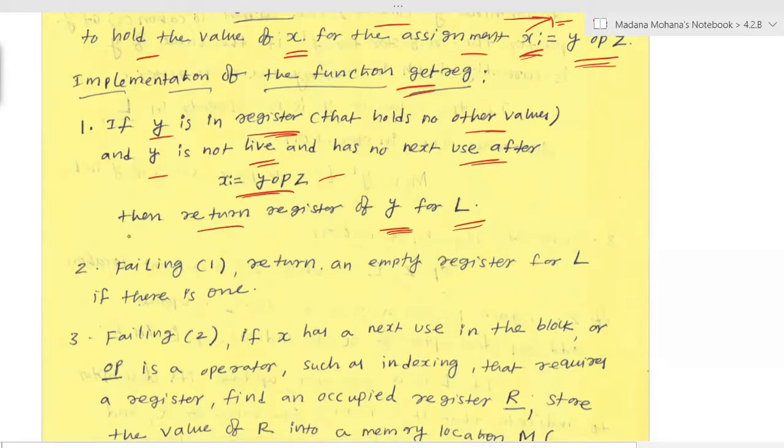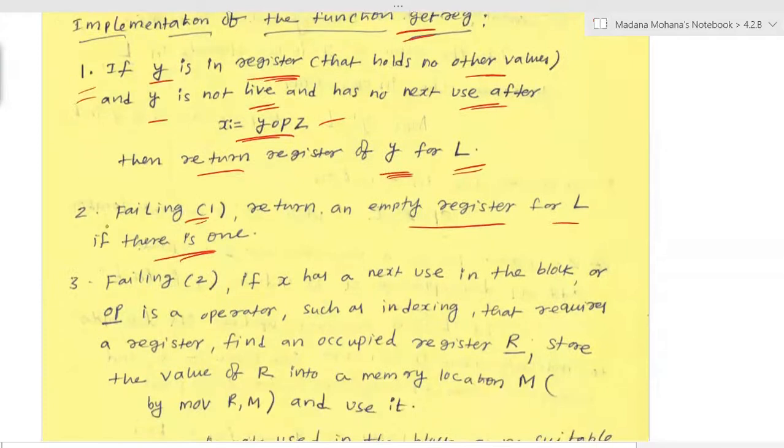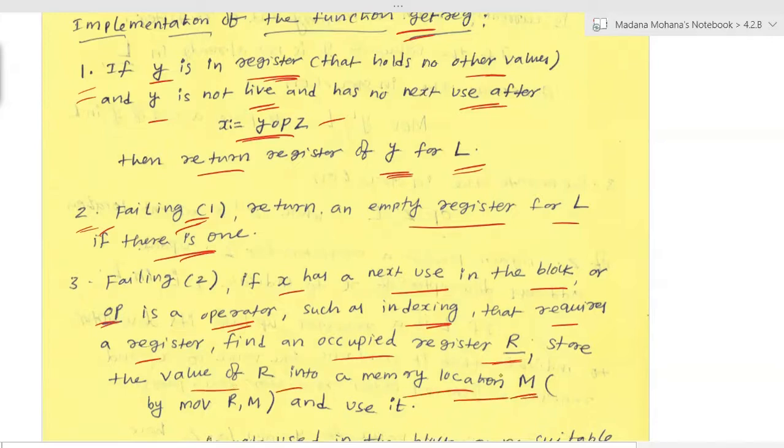If the first condition fails, then return an empty register for L if there is one. If the second condition fails, and X has a next use in the block or OP is an operator such as indexing that requires a register, find an occupied register R, then store the value of R into a memory location M by using the instruction move R, M and use it.